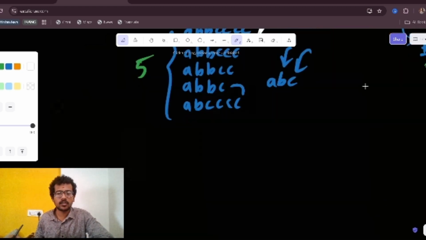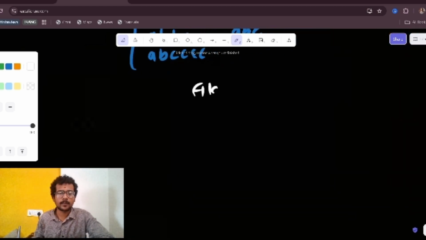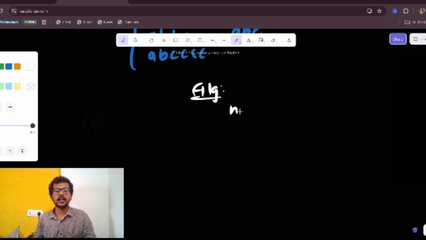So let me write the algorithm for you. First thing, n is the size, right? And also the count is initially 1. Why? Because the initial string we are considering it.